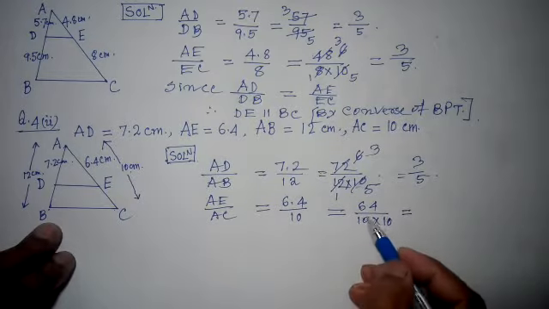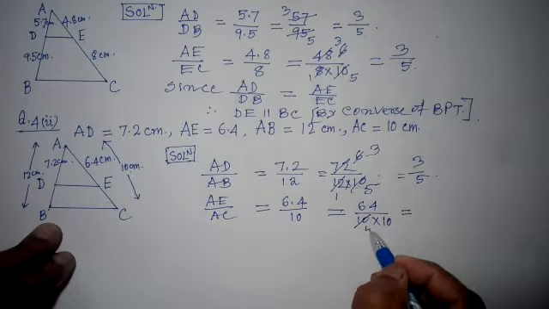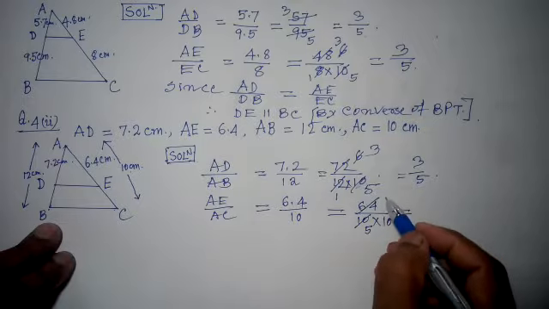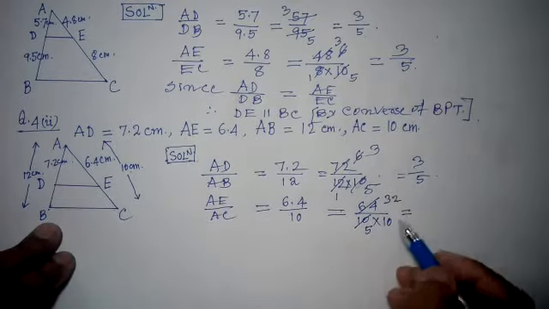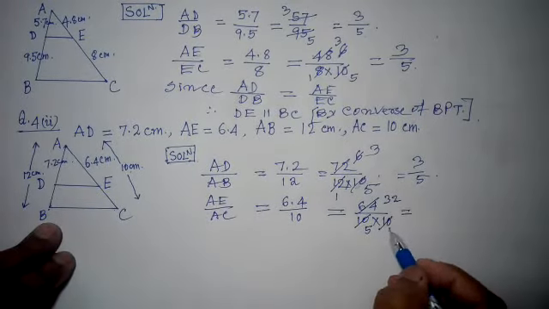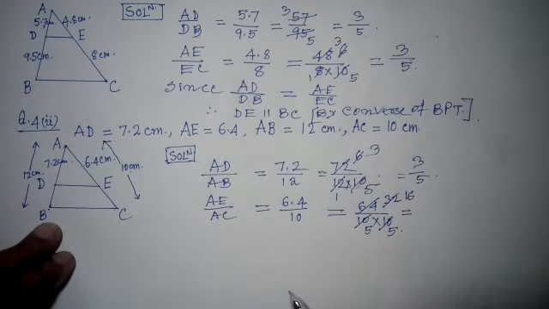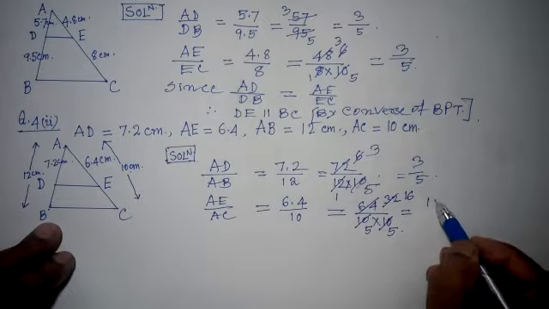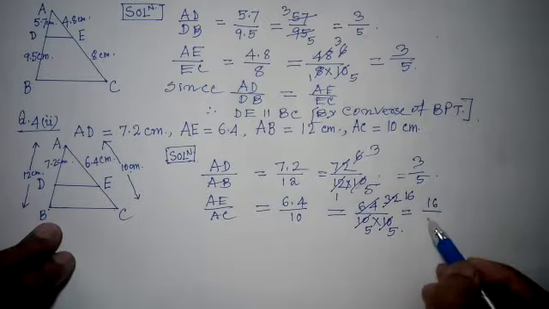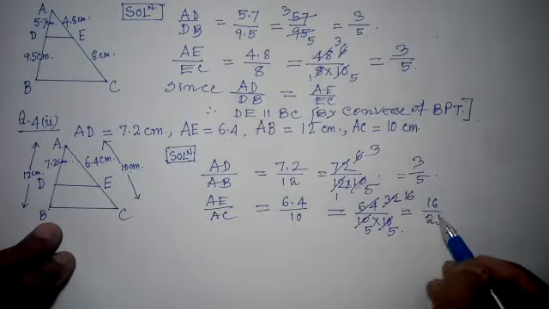And now try to cancel. Cancel by 2, here is 32 and 5. Again cancel by 2, it is 16 and 25. So we get 16 by 25. And we cannot cancel anymore.